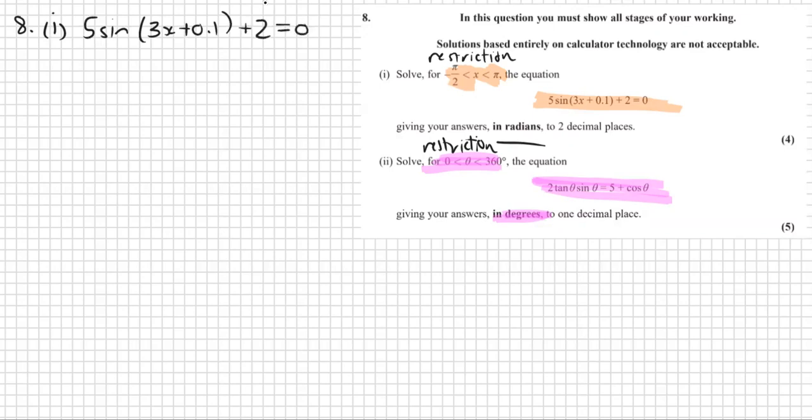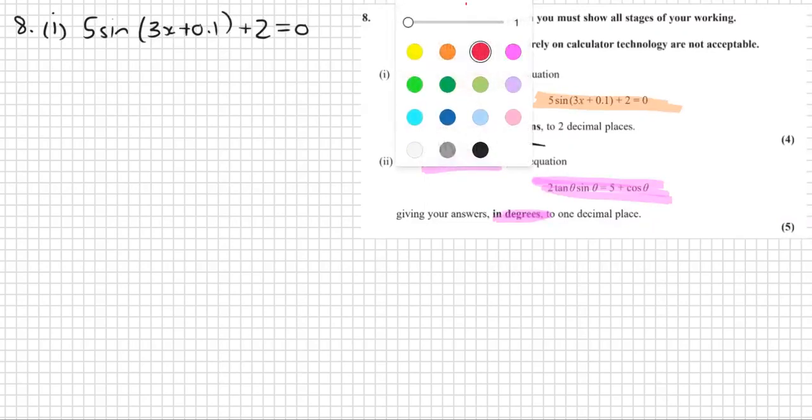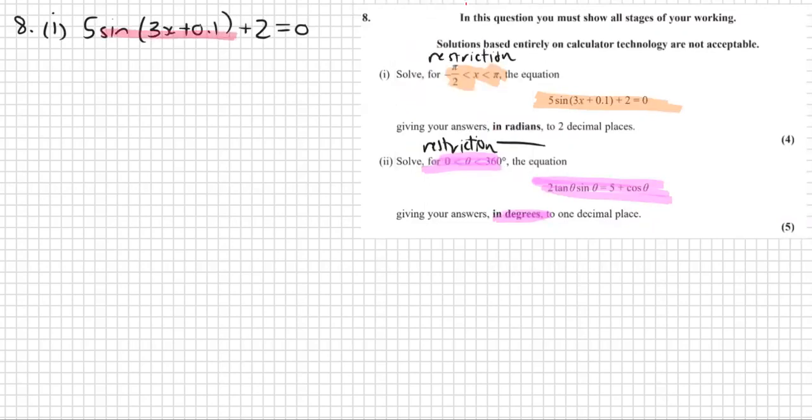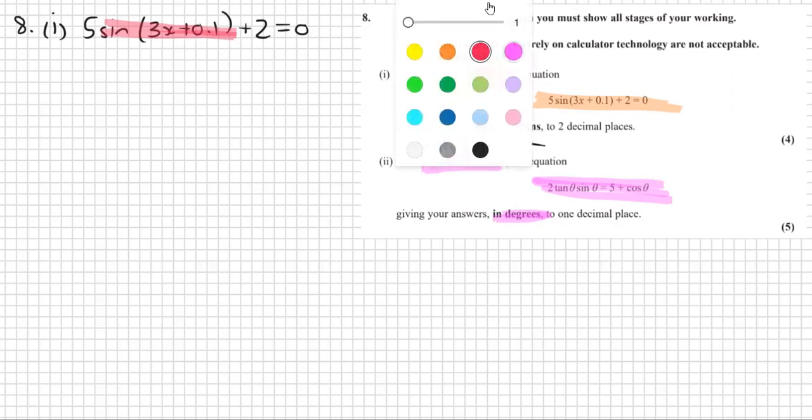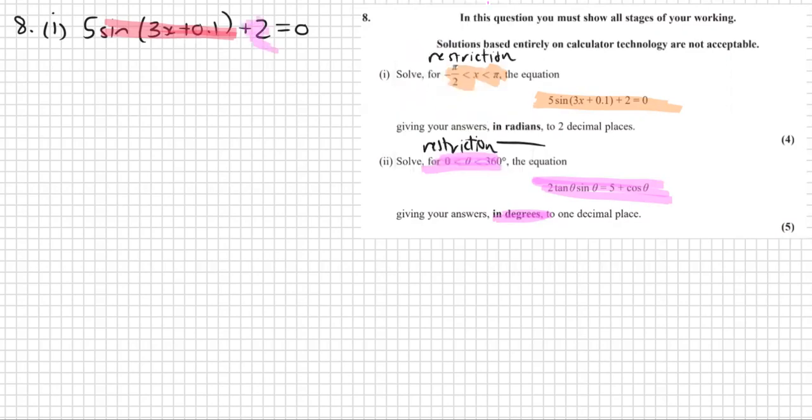That would be confusing. Next step is you want to get the sine stuff on one side. So we have everything that is attached to the sine, which is the stuff within the bracket, stays with it on one side of the equal sign, and everything else on the other side of the equal sign. So these extra bits, we want them on the other side of the equal sign.